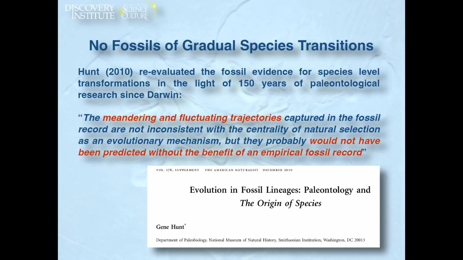He says, the meandering and fluctuating trajectories captured in the fossil record. And now comes the nod, the kowtow to the Darwinian narrative. They are not inconsistent with the centrality of natural selection as an evolutionary mechanism, but they probably would not have been predicted without the benefit of an empirical fossil record.